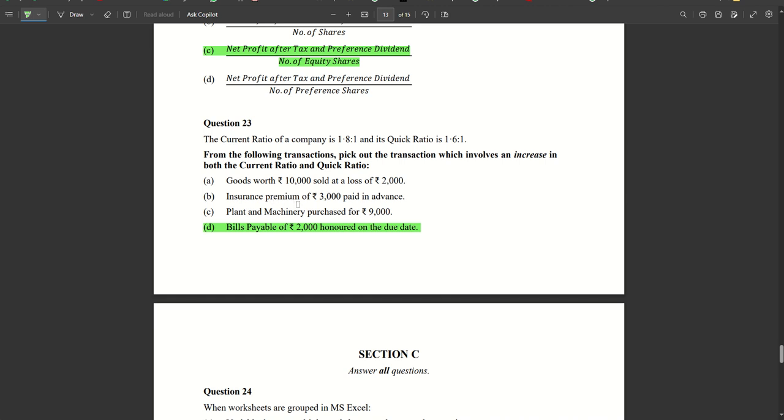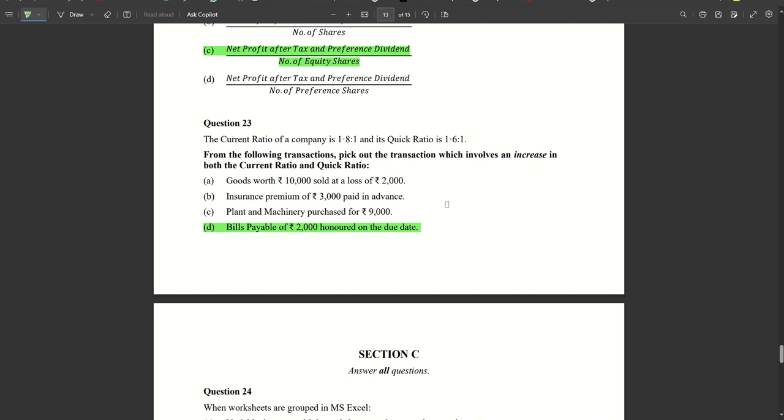Insurance premium paid in advance. This is prepaid. Again, this is not part of quick ratio, not impacting that. Plant and machinery is an asset purchased for 9,000, so not impacting quick ratio, and if the cash is going out, this is not increasing, rather decreasing.